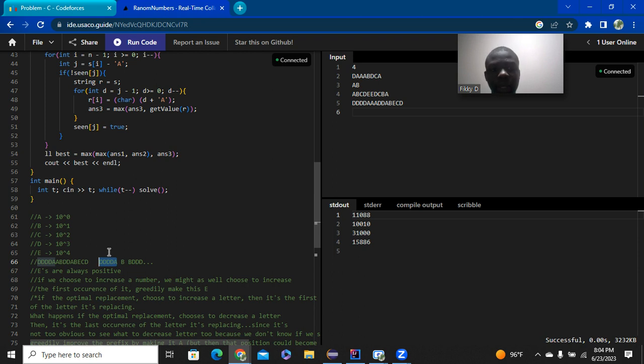Now you ask yourself, does it get negatively or positively affected? See how we're asking questions. If for some position we went from A to B, the characters to the left of the replaced character now see a higher letter than before.